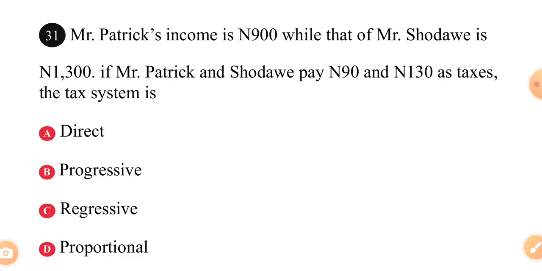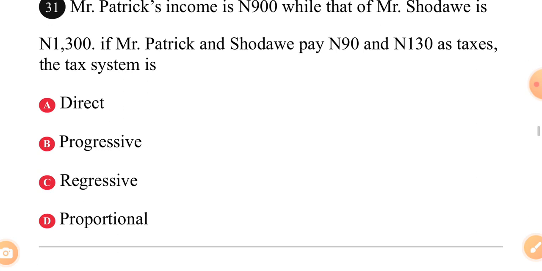The answer is D. It is proportional to what they make, because Mr. Patrick is making 900 and he's paying 10% of what he's making, which is 90 naira. Mr. Shadoway is making 1,300 and he's paying 130, that is also 10%. So it's proportional to what each person makes.